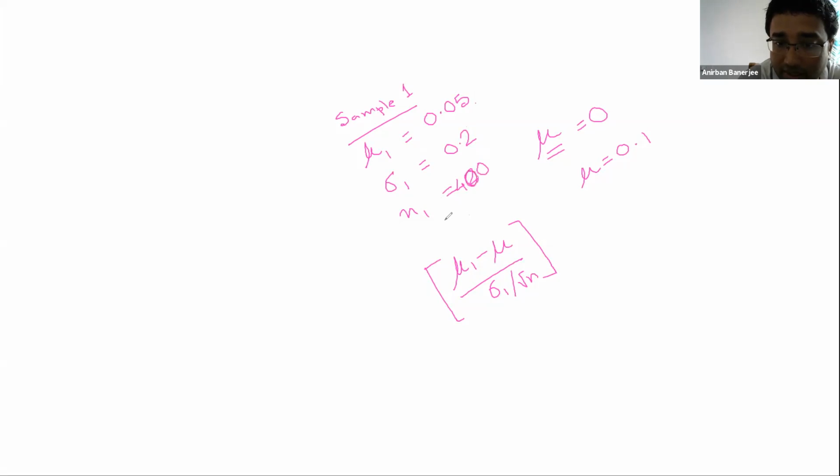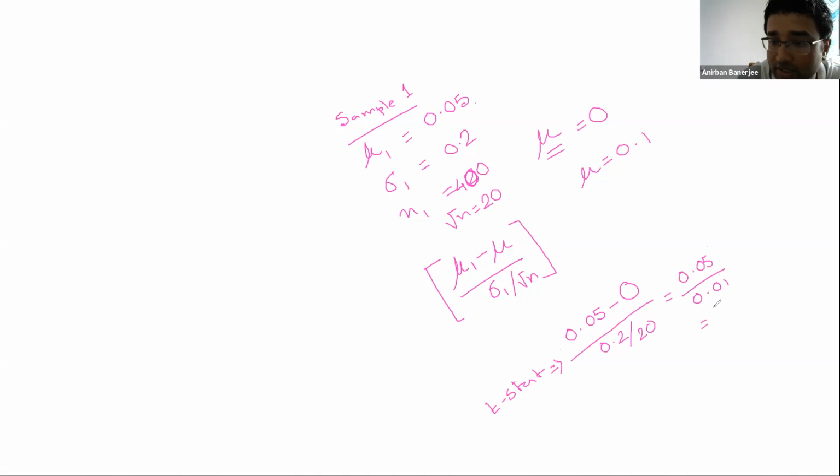I'm intentionally making it higher so that it becomes easy to compute. So root n becomes 20. Your mu1 is 0.05, minus your mu, which is 0 at this point, sigma 1 is 0.2 and this is 20. So this becomes 0.05 divided by 0.01. This is your t-stat.